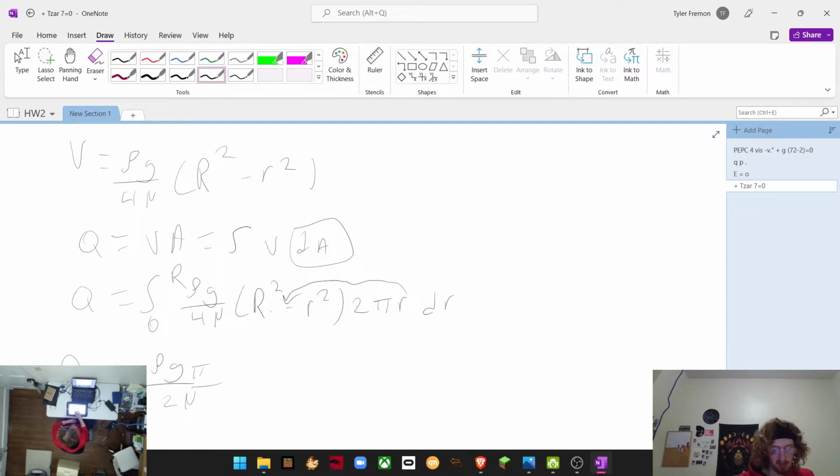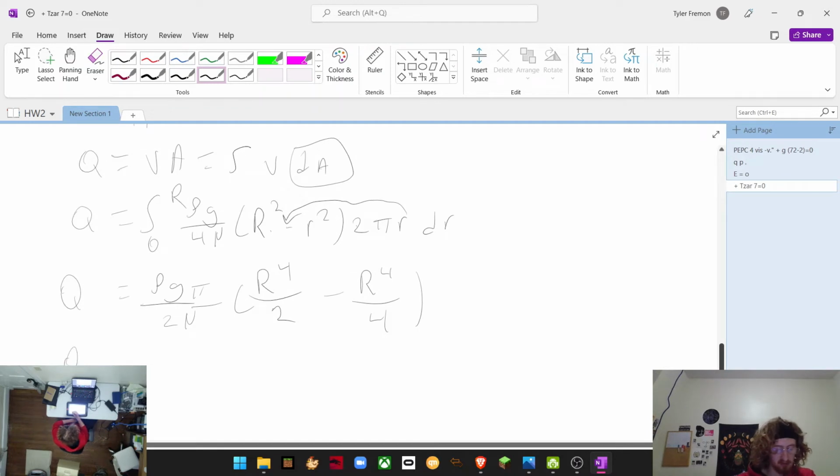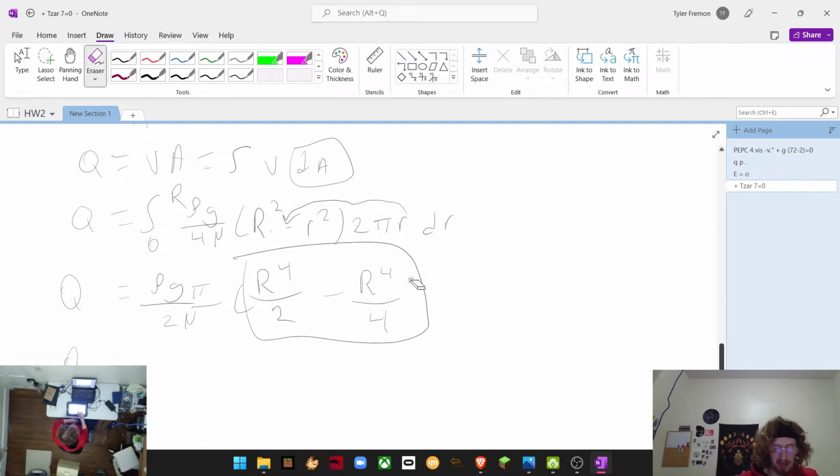So when we take the integral, we'll have big R squared times r squared over 2, so big R to the 4th over 2 minus little r to the 4th over 4. I went ahead and just integrated with respect to big R. So Q is equal to, and this term here is basically 1/2 R to the 4th.